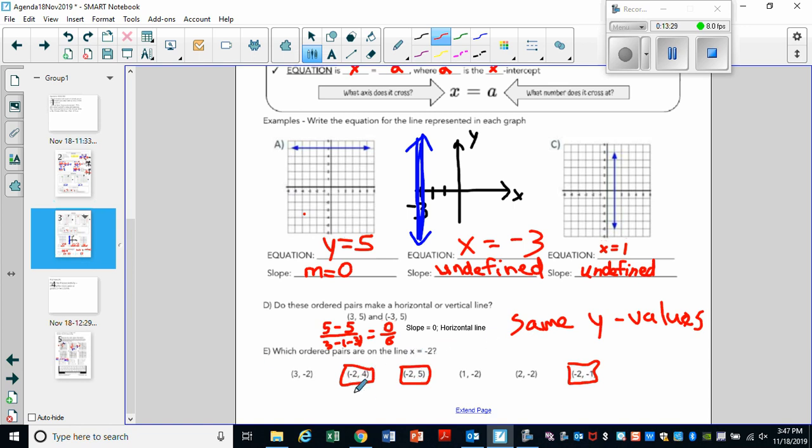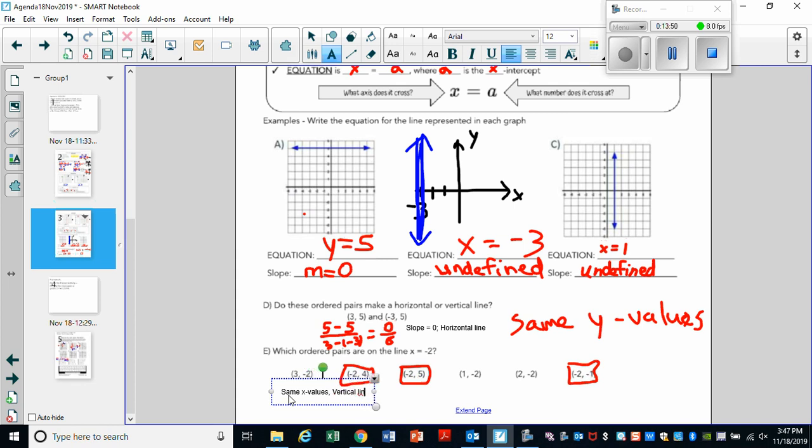So it was -2 comma 4, -2 comma 5, -2 comma -1. So in this case, you have the same x values, which means you have a vertical line, which also means an undefined slope.